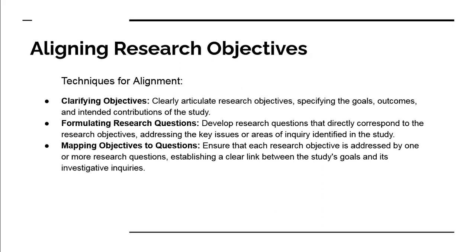We have some techniques to formulate research questions, like developing research questions that directly correspond to the research objectives, addressing the key issues or areas of inquiry identified in the study. Mapping objectives to questions: we have to ensure that each research objective is addressed by one or more research questions, establishing a clear link between the study's goals and its investigated inquiries.